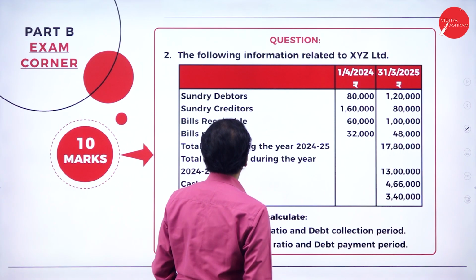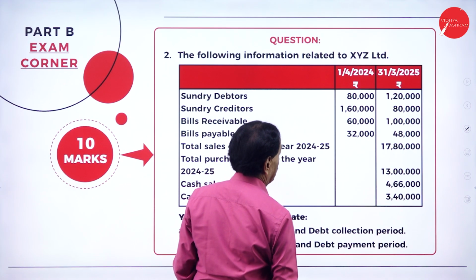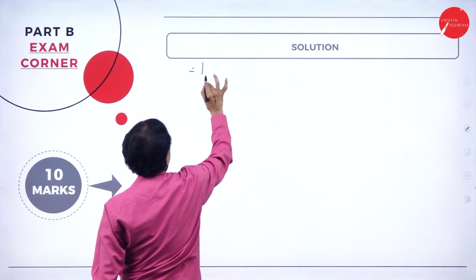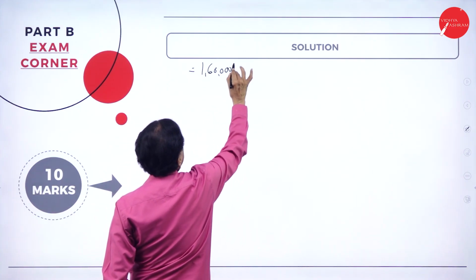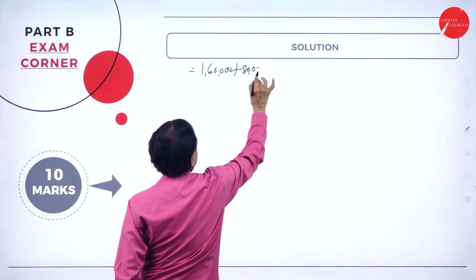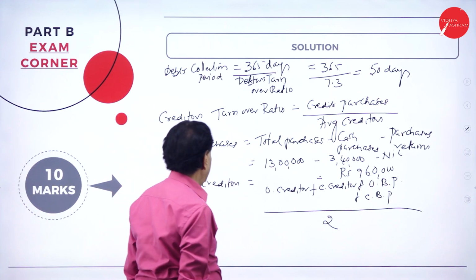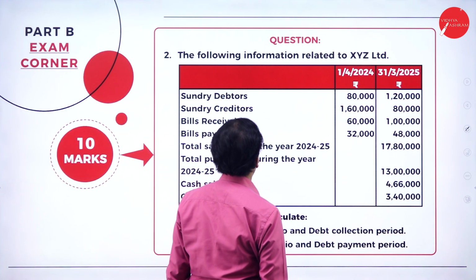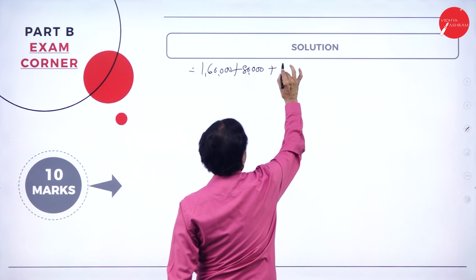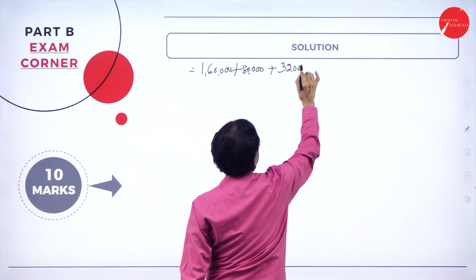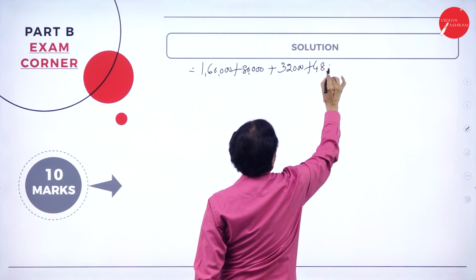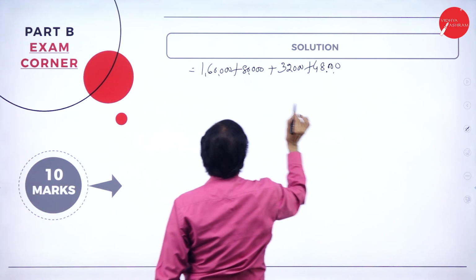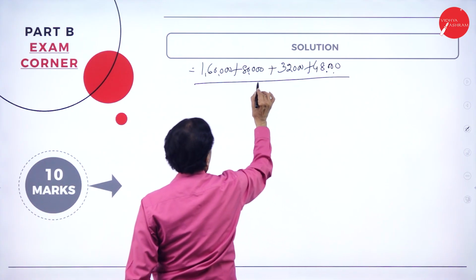What's your opening creditor? 1,60,000 plus 80,000, plus what's your opening BP? 32,000 plus 48,000. Divided by 2.